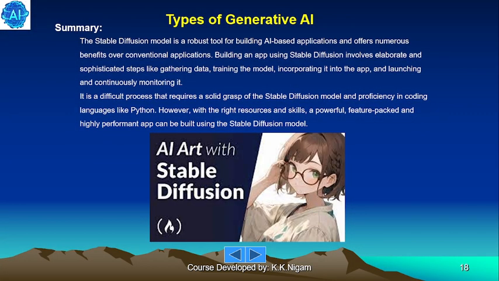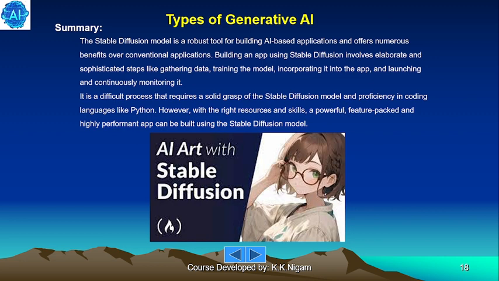Summary. The Stable Diffusion model is a robust tool for building AI-based applications and offers numerous benefits over conventional applications. Building an app using Stable Diffusion involves elaborate and sophisticated steps like gathering data, training the model, incorporating it into the app, and launching and continuously monitoring it.